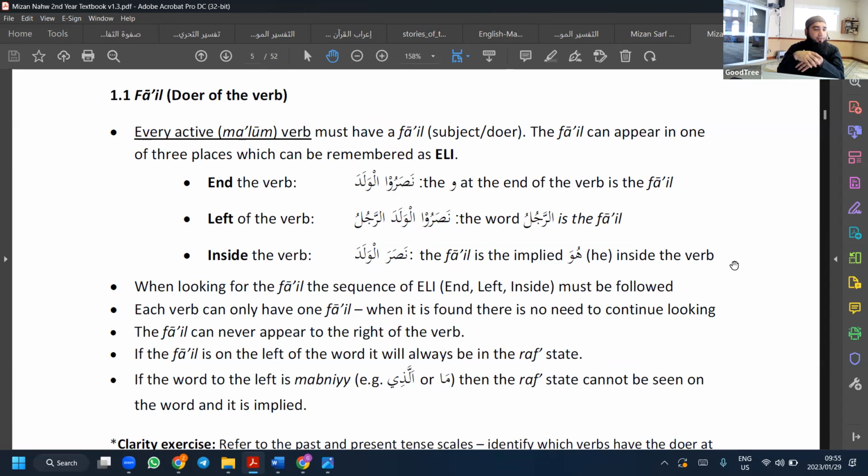What else do you know? We look for it by doing ili. But what if I say, look, Muhammadun ja'a bil Quran. What does that mean?